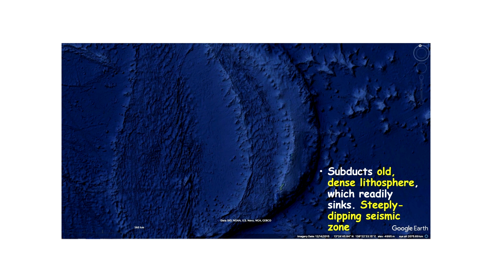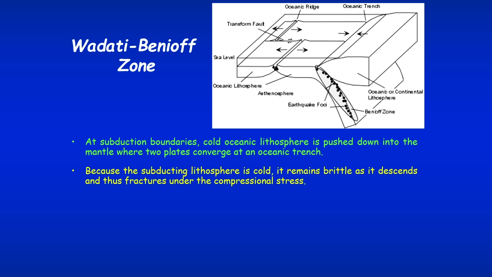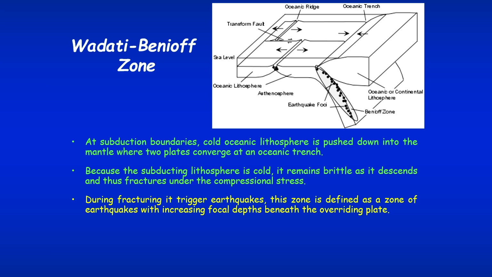Subduct old dense lithosphere which readily sinks, steeply dipping seismic zones. And you have back arc extension which you will come across in this part. So, this is an example which shows how the earthquakes are seen, and this is known as the Wadati-Benioff zone, and that will result into the focus of the earthquake, or the occurrence of the earthquake, throughout the plate boundary.